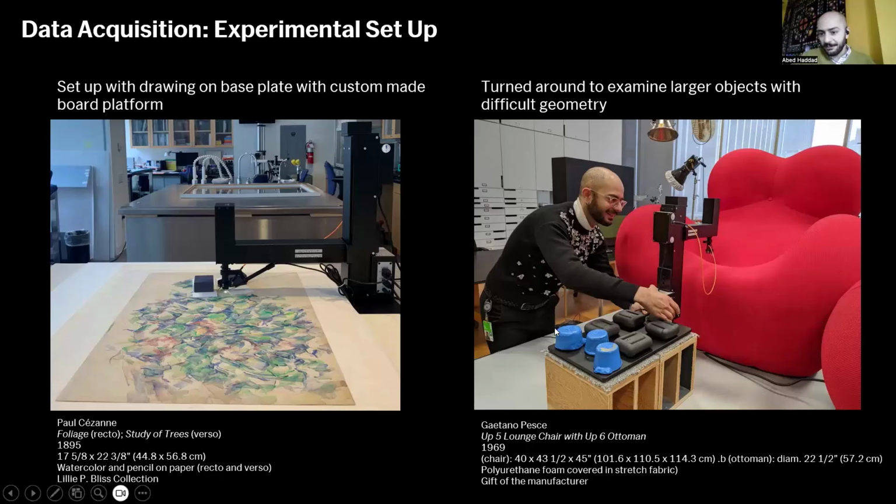But what's attractive about it as well is that you can turn the instrument all the way around 180 degrees and put a few weights on the back and analyze objects that are way larger than just a watercolor. So you can see here there's a Gaetano Pesce chair. There was an interest in understanding how light sensitive that material is, or the upholstery. And so you can just turn the whole thing around and collect data, which is really nice when you're thinking about doing larger objects.